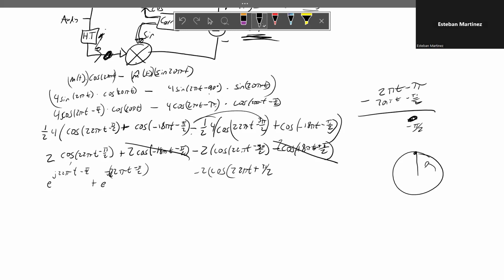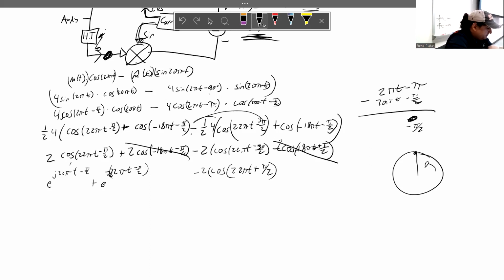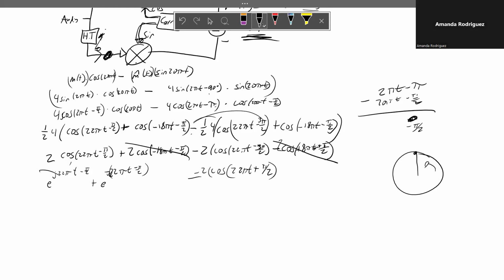It shouldn't cancel, we have to be left with something. Couldn't we take out a pi and make it a positive though?